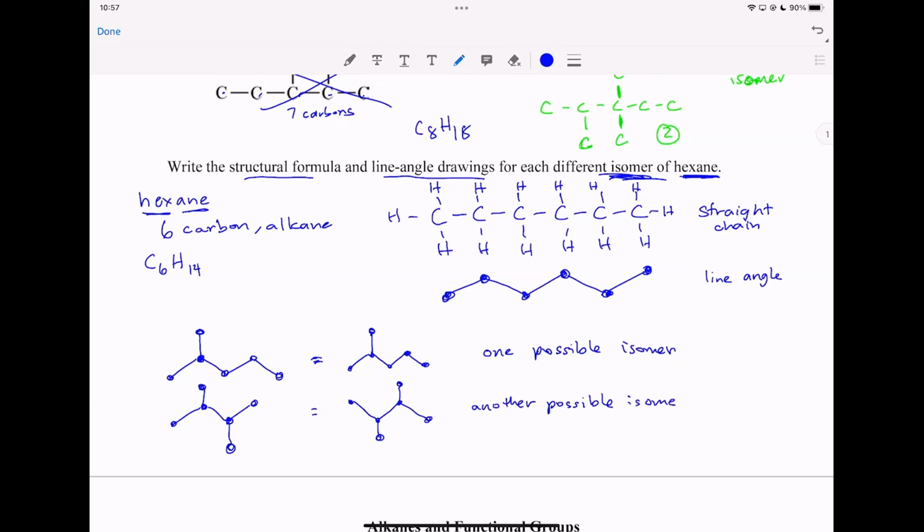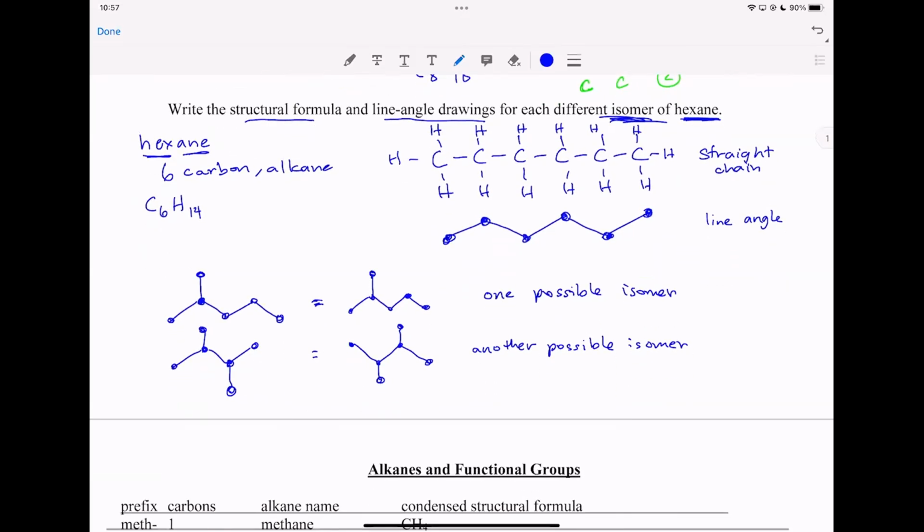Okay, and then let's try another possible isomer would be 1, 2, 3, and then have 2 branches off of 1 carbon. And then you'd still have to have 1 more carbon there. So this is another different where you could also draw the mirror image, 1, 2, 3, 4, like that. Okay. And so this is a third possible isomer.